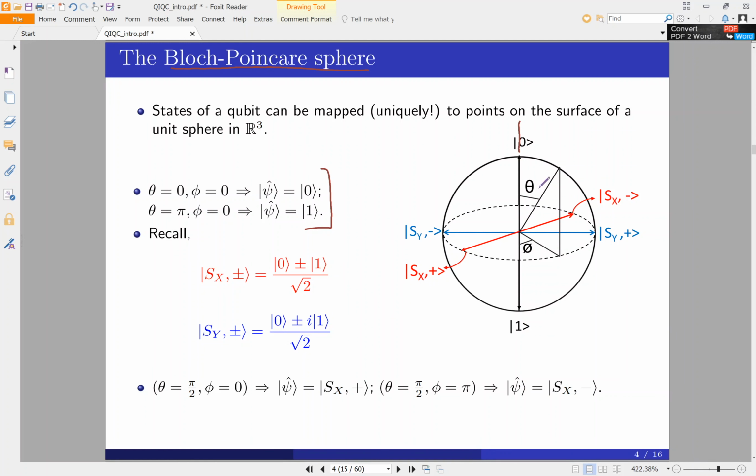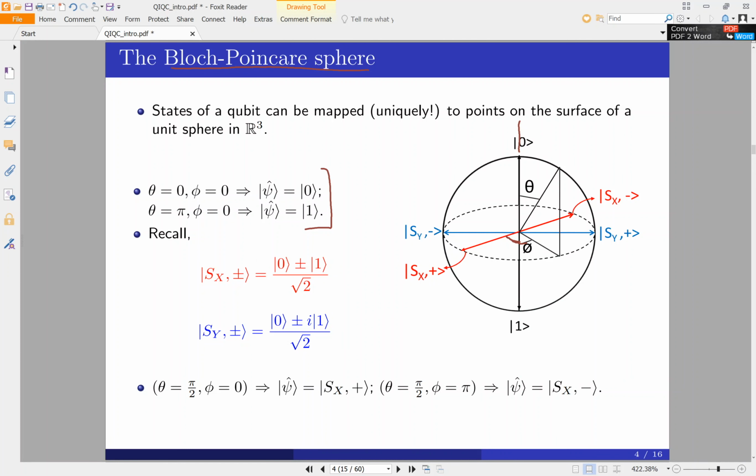Then theta is this angle made with the z-axis, and when I take a projection down to the xy plane, the angle that it makes here is phi. Actually, this is the angle that I want to say is phi. I'll just fix this error in the slides.